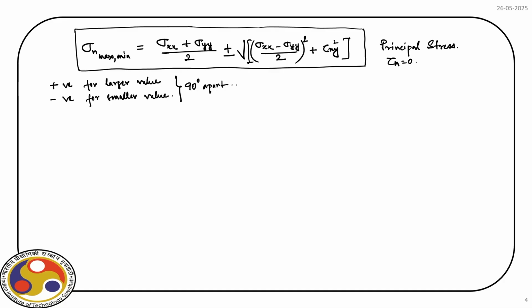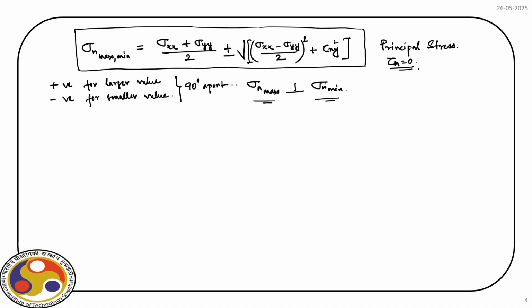Okay. So, what we can now find out is sigma n max, which is orthogonal to sigma n min. So, there are two planes along which this occurs, and for both of them tau n is equal to 0.